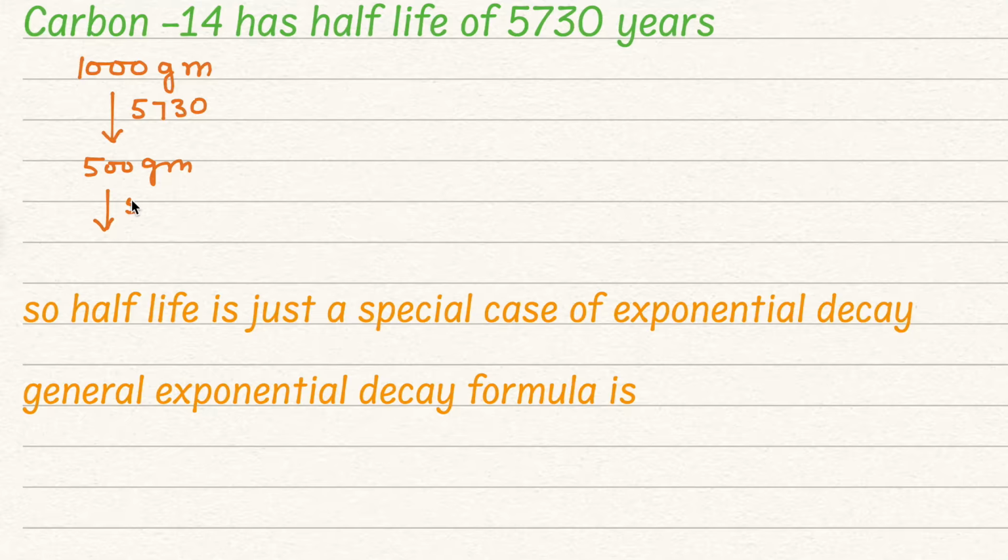Again, after 5730 years, that will be 250 grams. That means in total, this plus this, 11,460 years, it will be 250 grams if the initial amount was 1000 grams, right?